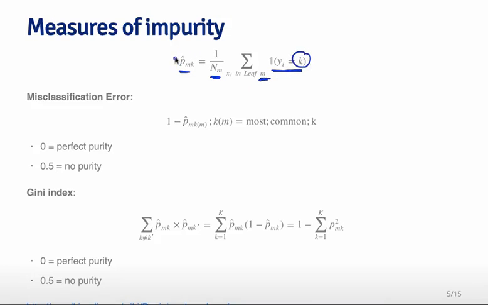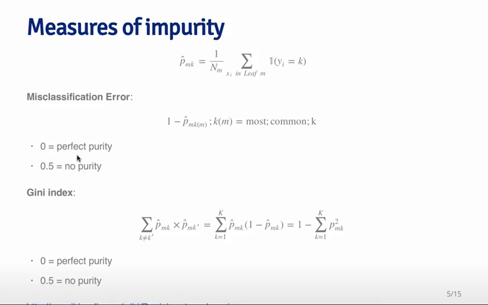So that's this probability: it's p hat for the m-th leaf and the k-th class. The misclassification error is 1 minus the probability that you're equal to the most common class in that particular leaf. So for example, if it's a leaf where almost all of the counties would vote for Barack Obama, then the misclassification error is 1 minus the probability that you would vote for Barack Obama.